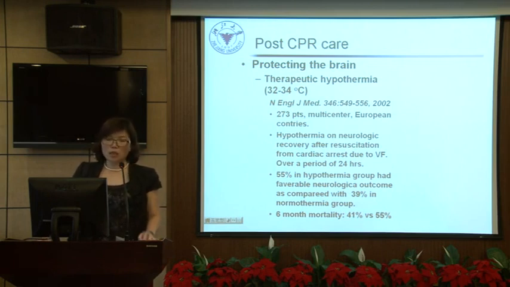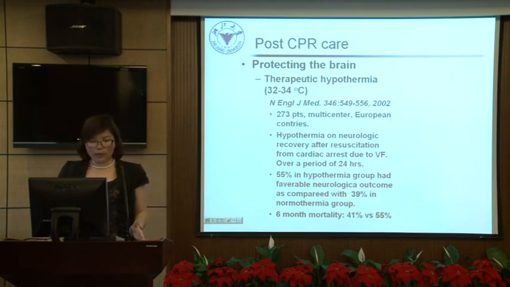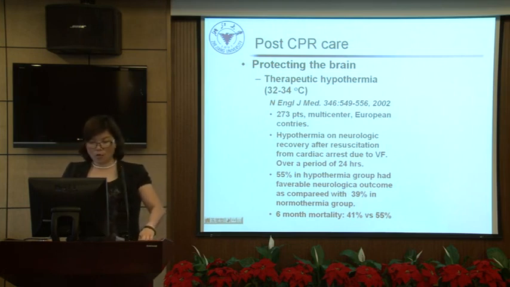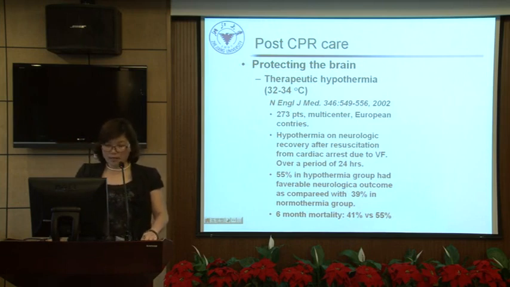The degree of hypothermia is about 32 to 34 degrees, and the duration is about 24 hours. 50% in the hypothermia group had a favorable neurological outcome as compared with 39% in the normothermia group. And 6 month mortality is 41%.